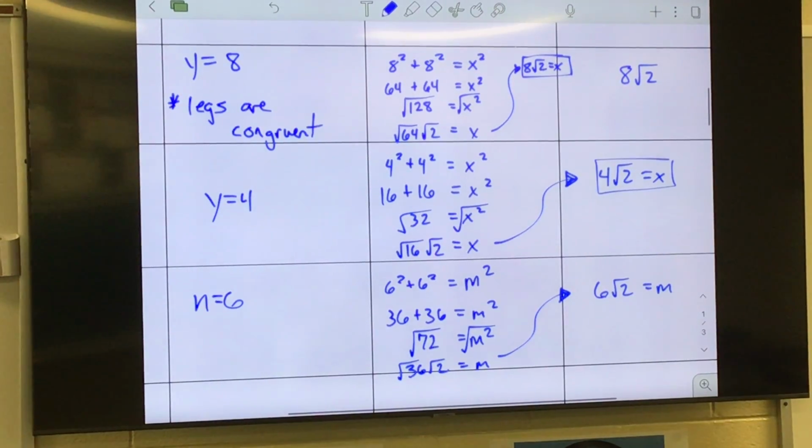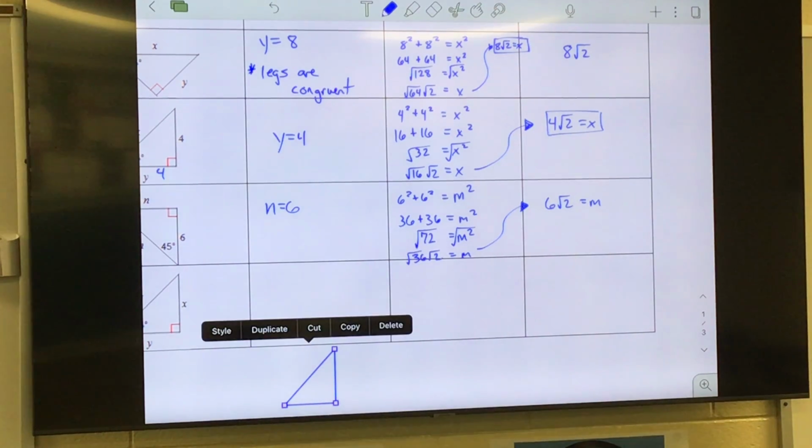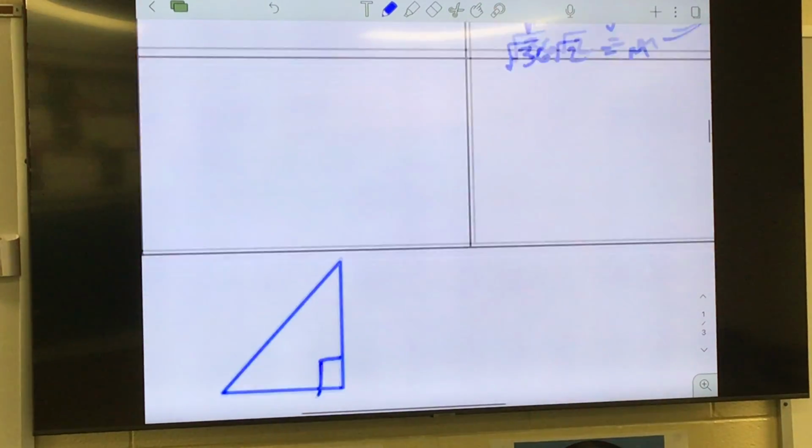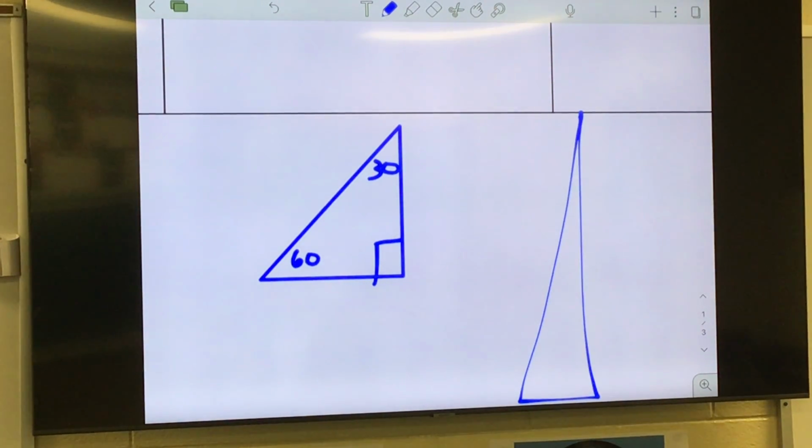Yes. So there are multiple right triangles, okay? It's a right triangle if it's got a 90-degree angle. But sometimes that 90-degree angle doesn't mean a whole lot for these. Like the next one we're going to work on tomorrow is a 30, 60, 90, which actually probably looks more like this, okay?